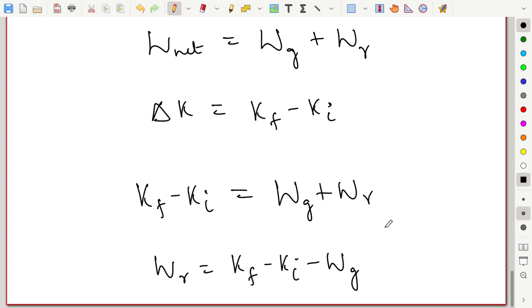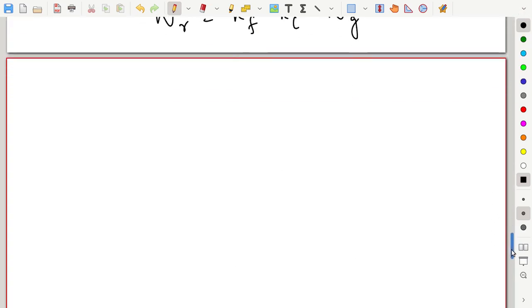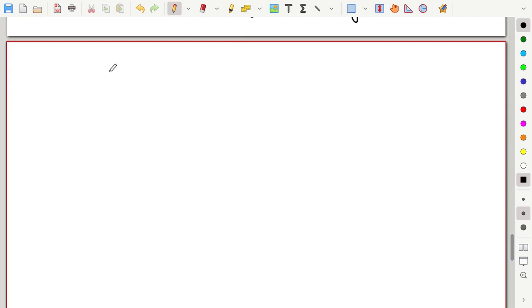And so we have to calculate the final kinetic energy and initial kinetic energy. So let's proceed with finding the initial and final kinetic energy. Initially the drop is at rest.